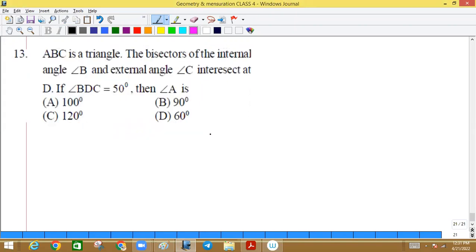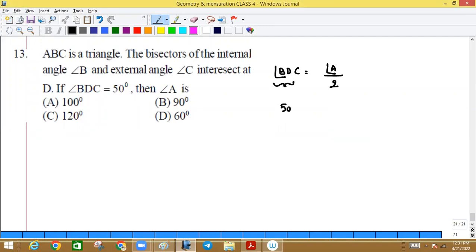In triangle ABC, the bisectors of the internal angle B and an external angle C intersect at D. One is the internal angular bisector, another one is the external angular bisector. They intersect at point D. You remember what the angle between the internal angular bisector and the external angular bisector is? It is half of angle A. Yes or no? Now this one is given as 50.